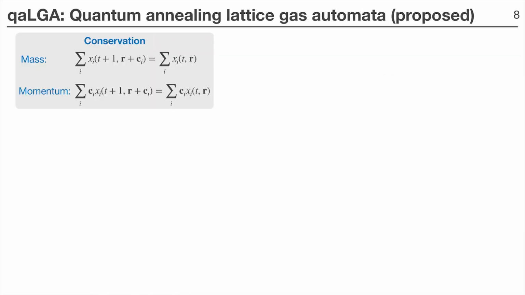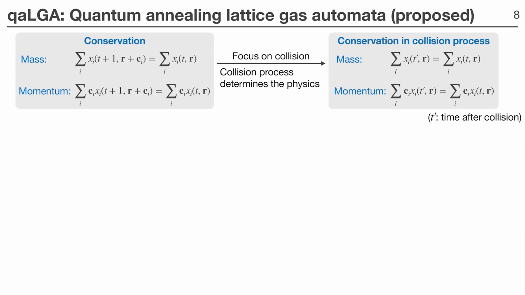Again, we use these two conservation equations, but we focus on collision today because the collision determines the physics. To simplify the discussion, we focus on the collision. Then we introduce ti prime, which is the time after the collision.